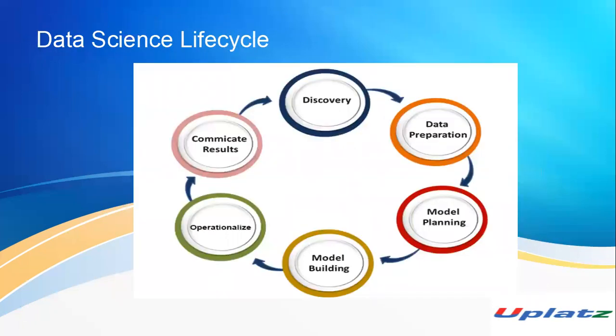Next, data science life cycle. The life cycle of data science is explained with the diagram shown on the screen. So these are the phases of data science life cycle. The first phase is discovery, which involves asking the right questions.